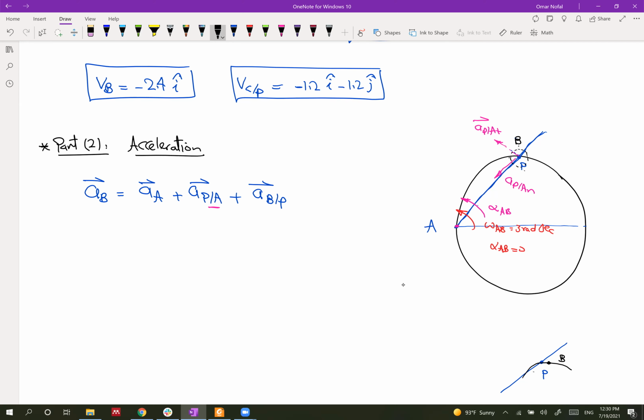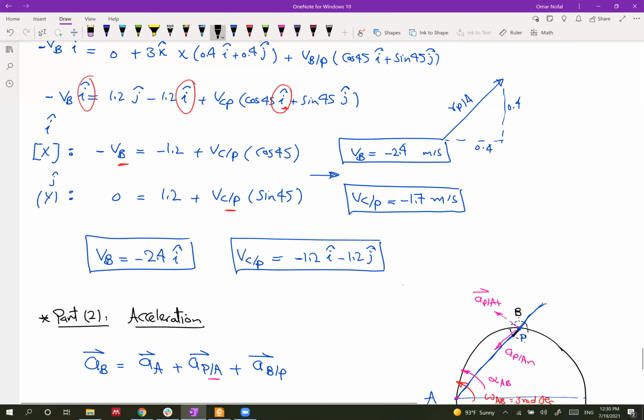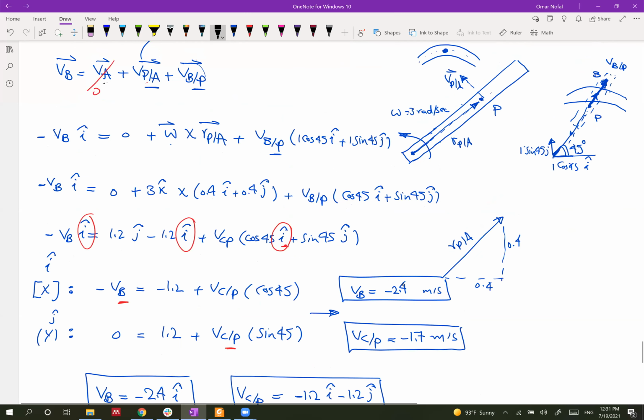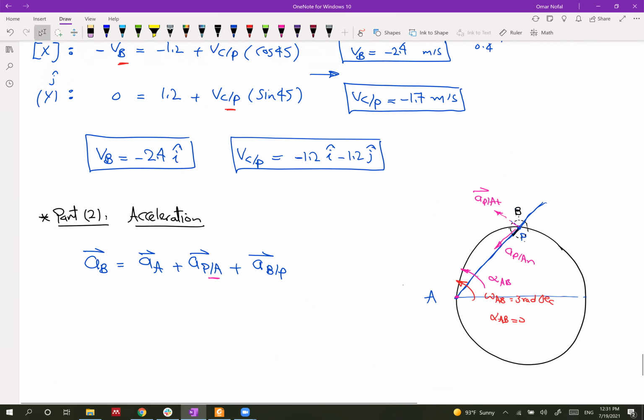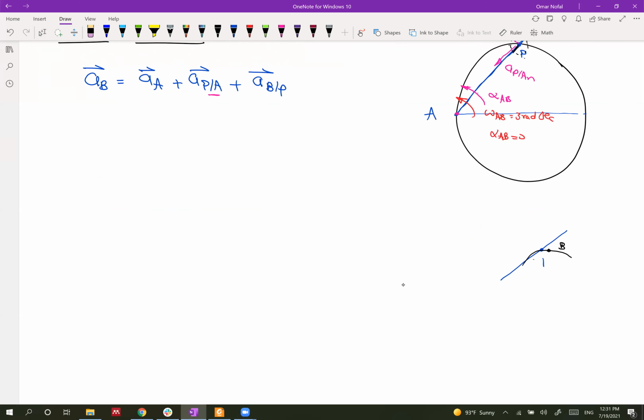So the acceleration of B with respect to the other one should be related in this direction, like what we did in the velocity here. Something in this direction. So it's either in this direction or in the other direction. Let's assume that they are going away from each other, like here. Sorry, let's make it blue.